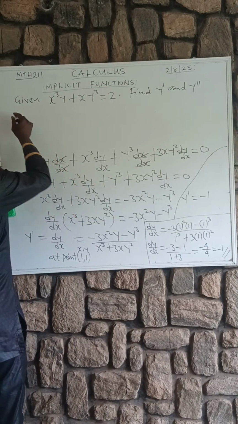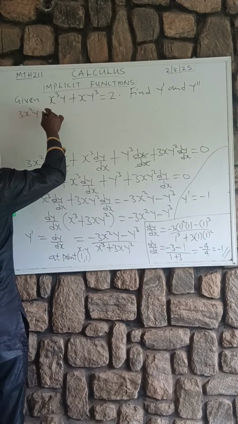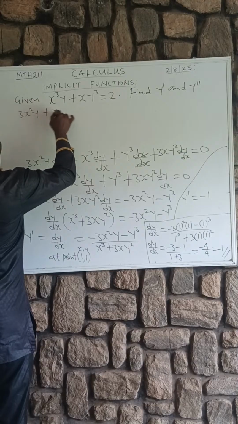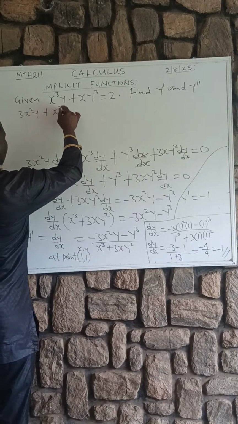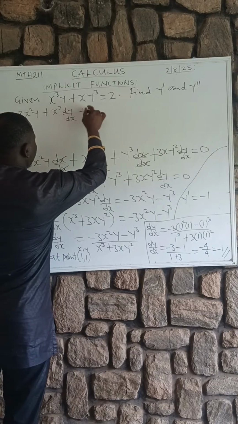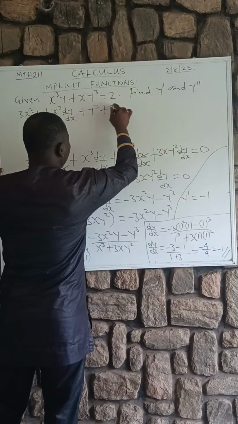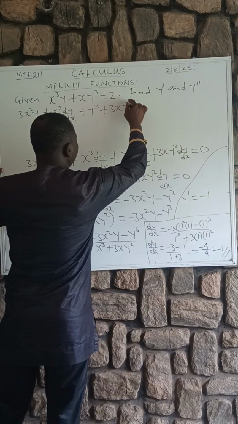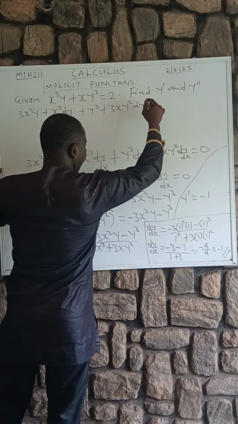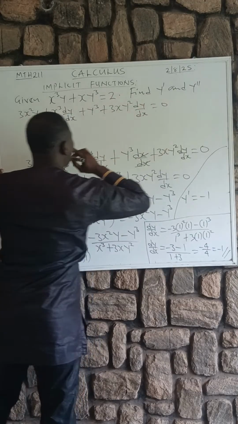Sorry, yeah. We have 3x squared y plus x cubed dy all over dx plus y cubed plus 3x y squared dy all over dx equals to 0.